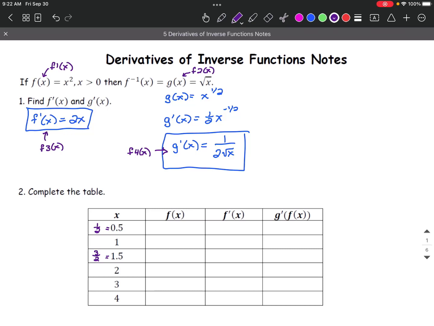That means our table is going to come from f1 of x, it's going to come from f3 of x, and then this last column will make f5 of x equal to the derivative of g, which we have in f4, of f of x, which we have in f1 of x. Okay, you ready? Let's go to our calculator.